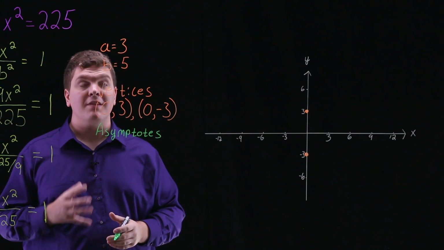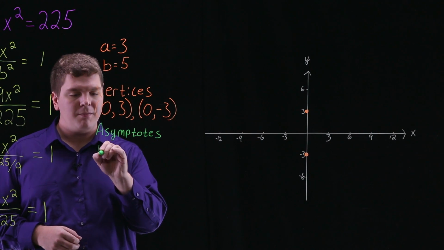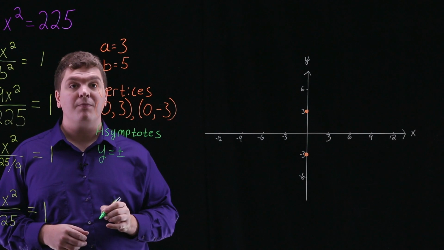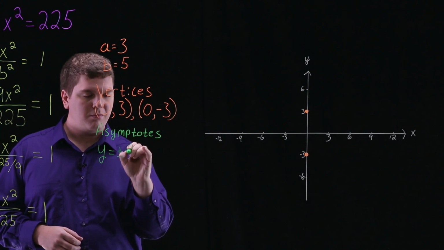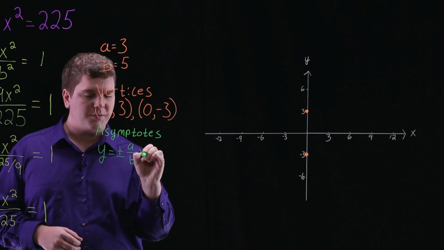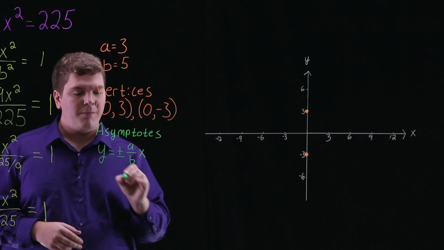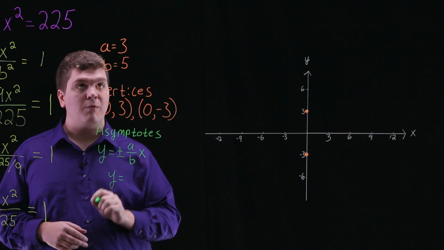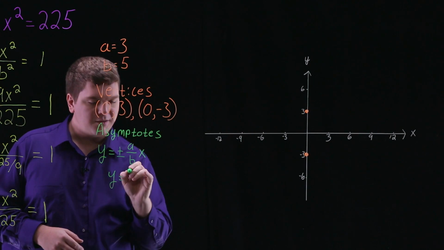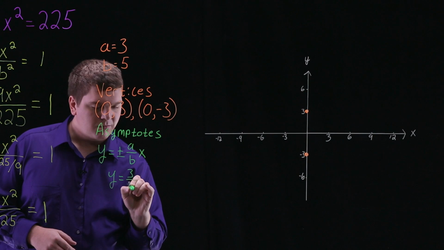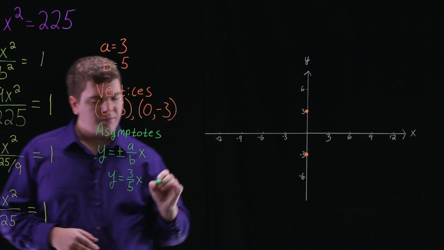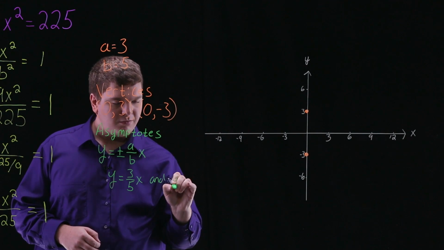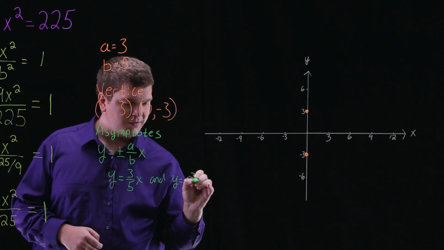Our 2 asymptotes in this case are given by y is equal to plus or minus a divided by b times x. So let's do the positive one first: y is equal to 3/5 x, and the negative one will be y is equal to negative 3/5 x.